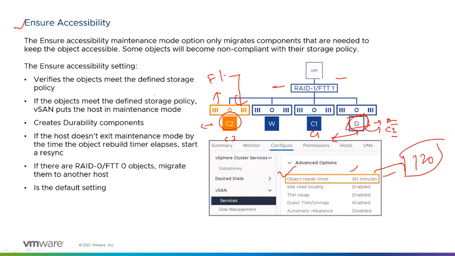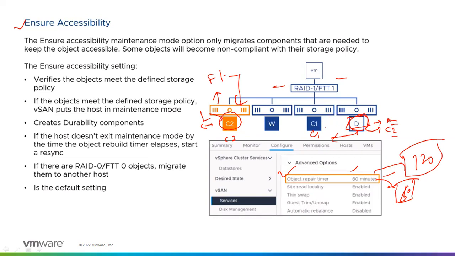So what will happen if the host doesn't come back within the repair time? For example, my object repair time is 60 minutes, but the host doesn't come back within this time. At that point, this delta will not be extended further.